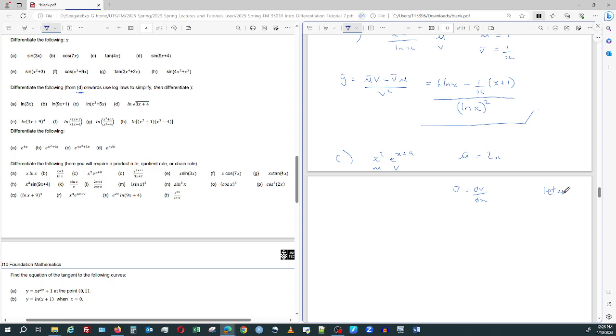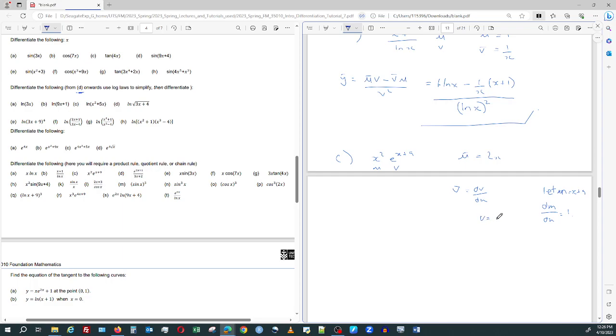It's such a simple one. But let m equal x plus 9. dm dx is equal to 1. So it's really no point rewriting v, but we're going to anyway.